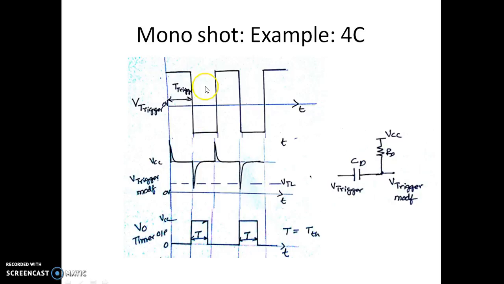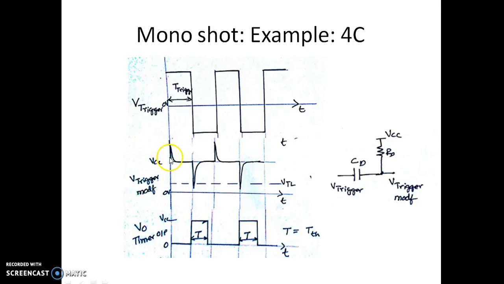It is not influenced by how long the trigger is at the negative level. Even though it is long, this differentiator circuit generates the spike, so that you are initiating the 555 timer to go to the quasi-stable state, and it remains in the quasi-stable state for a predefined time T decided by R and C, and it comes down to the stable state.